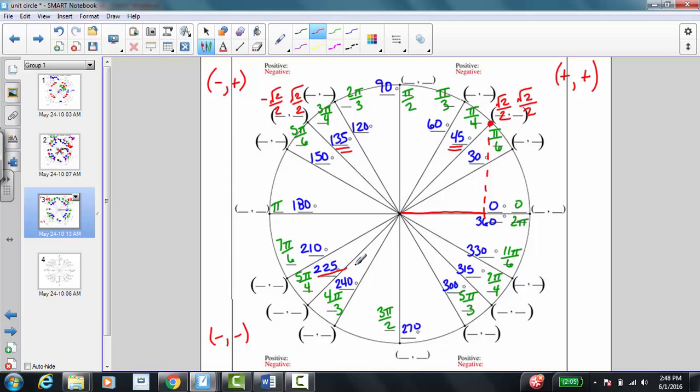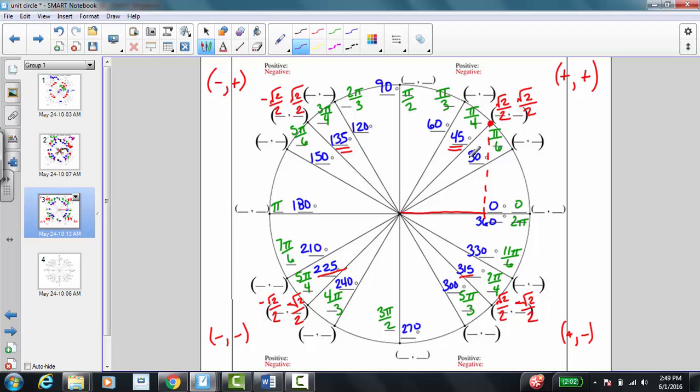So 225 degrees will have coordinates negative root 2 over 2, negative root 2 over 2. And then 315 degrees, in the fourth quadrant, we have a positive x and a negative y. So I'll have positive root 2 over 2 and then a negative root 2 over 2 for my coordinates.